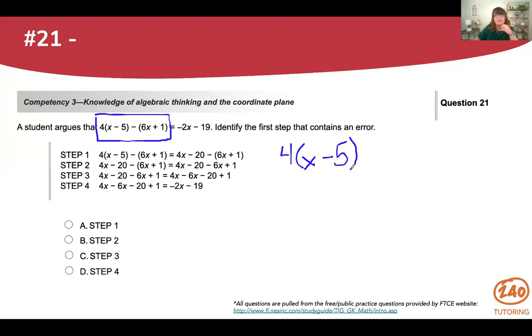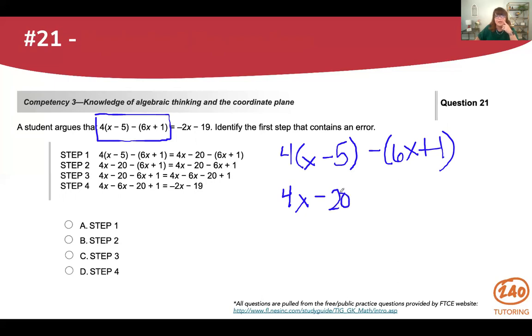And then this is a minus sign, so that's where it's tricky. Minus 6x plus 1. And we can assume this is a minus 1 if that helps you mathematically. So I'm going to multiply this out. 4 times x is 4x, minus 4 times 5 is 20.